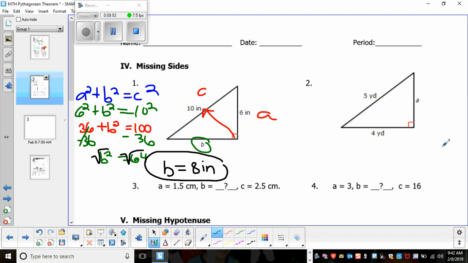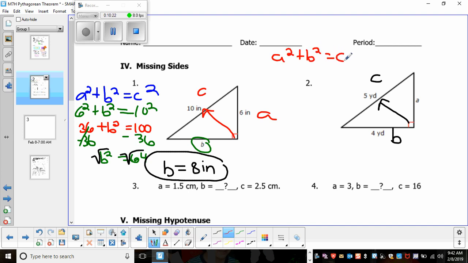In number 2, we can also find the missing leg, which is A. And we can see that we are given the hypotenuse, which is 5. Again, the hypotenuse is the longest side across from the right angle. So we're trying to find A, we're given C, and we're given B. So again, we start with our formula, A squared plus B squared equals C squared.